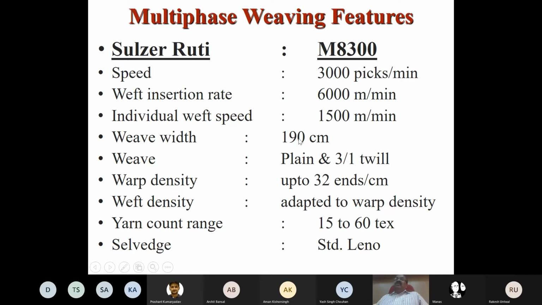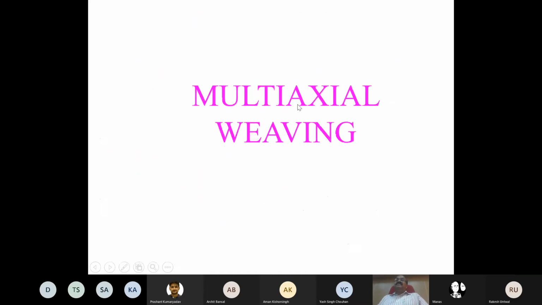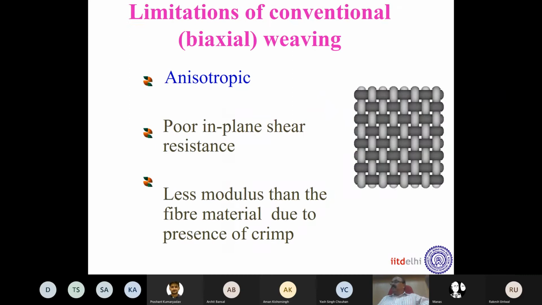Now we will switch over to the next topic. It's called multi-axial weaving. So why multi-axial weaving?